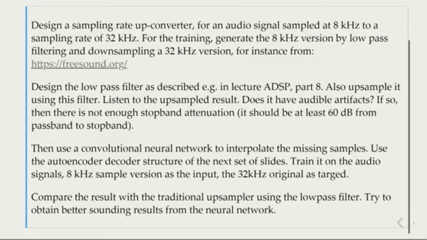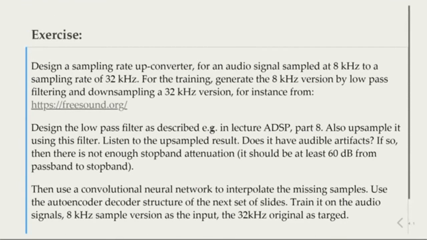In the next tutorials we'll talk about autoencoders, and you can then try this exercise. Then you compare the result with the traditional upsampler using the low-pass filter and try to obtain better sounding results using neural networks. So this is an exercise that you can start thinking about now, and by the end of this tutorial you can try it out.